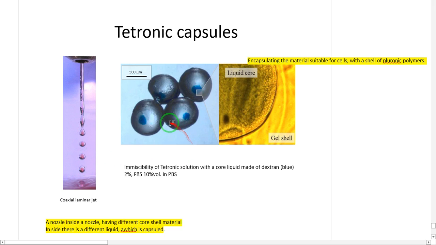And when the gel is formed, it's like a core-shell material which can have the cells inside with a good environment for the cells to work, and this shell which protects the inner layer from the environment outside.